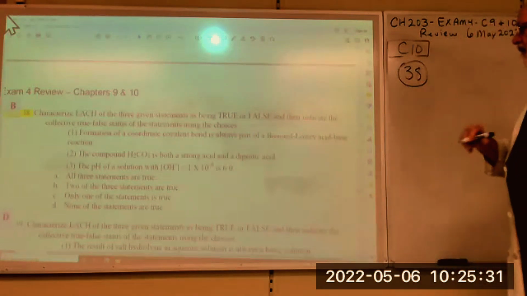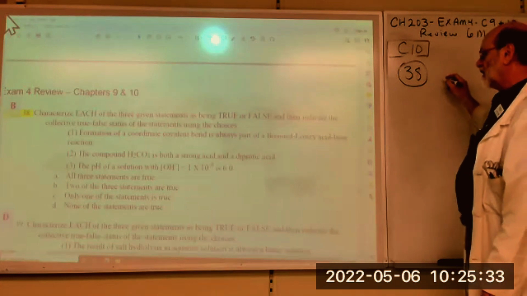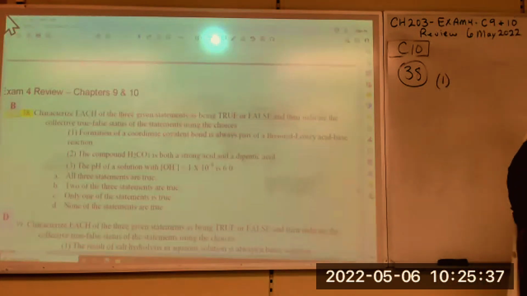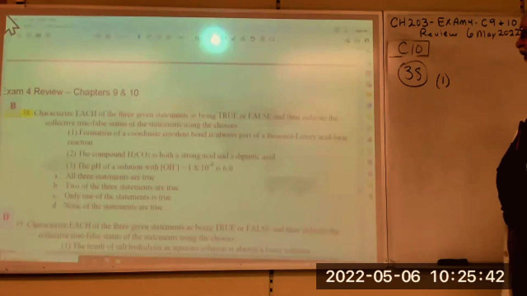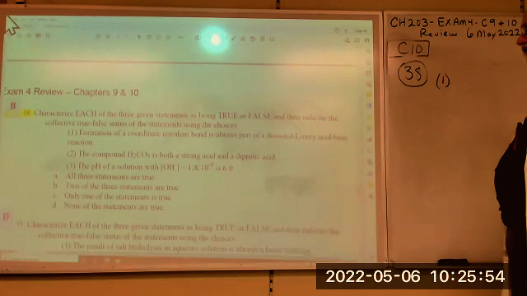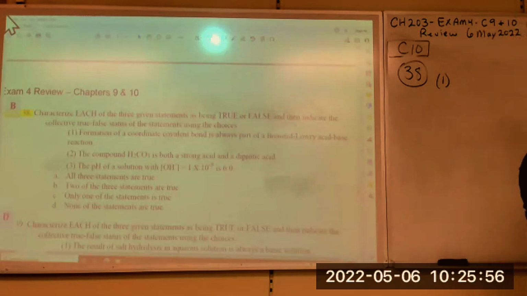Another one: formation of a coordinate covalent bond is always part of a Bronsted-Lowry acid-base reaction. A coordinate covalent bond. No, I don't think that's true.